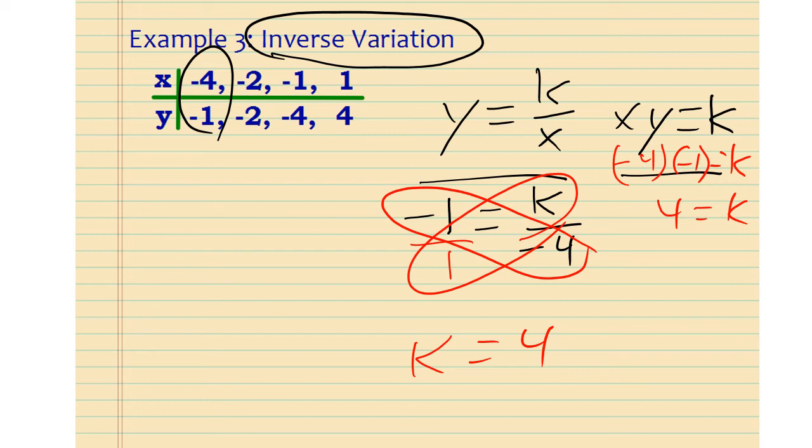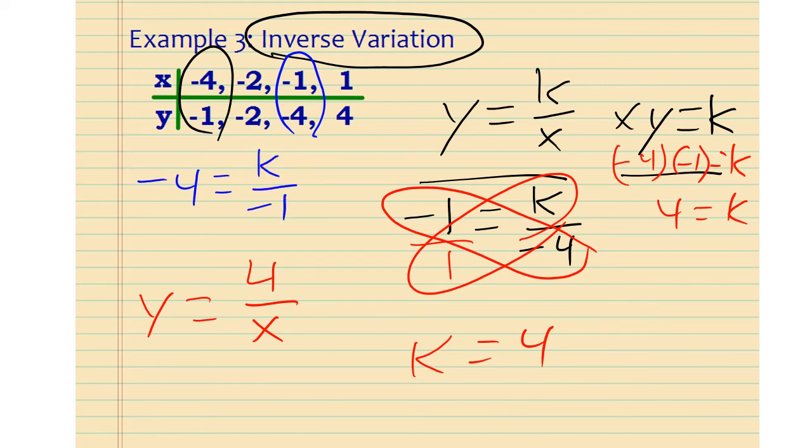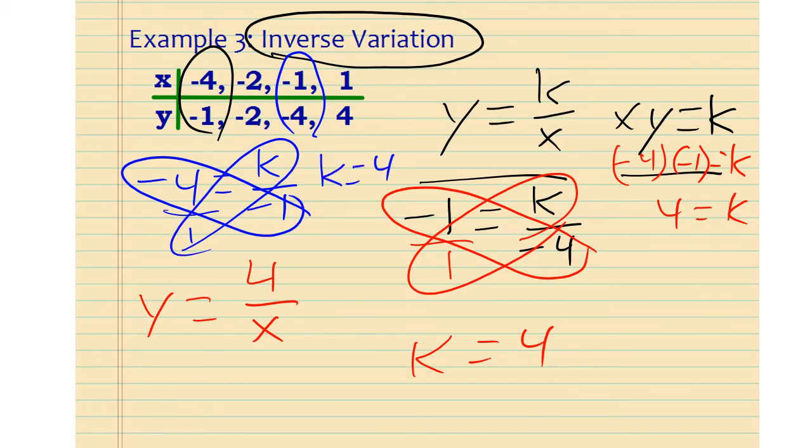So the inverse variation is going to be y equals 4 over x. If we tried another point, y is equal to -4, I would have -4 equals k over -1. I cross multiply, and again I get k is equal to 4. So there's my final answer.